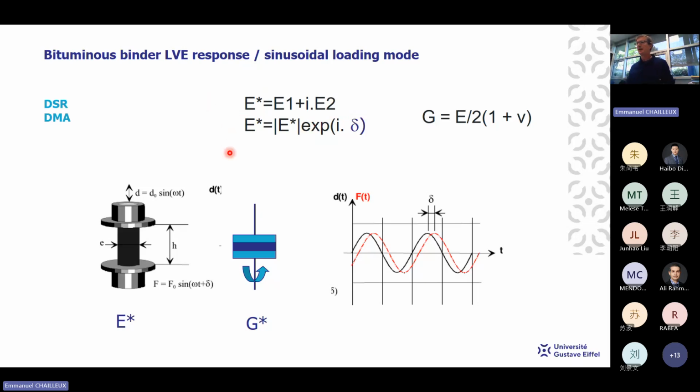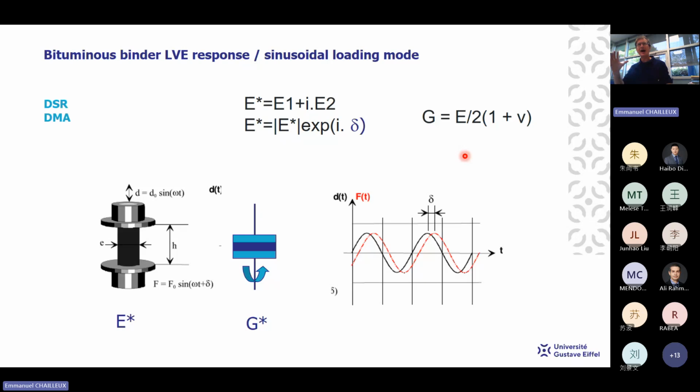We can have two types of expression of this modulus. There is a way to pass from the shear modulus to the tension-compression modulus using the Poisson coefficient. The Poisson coefficient makes the link between the shear mode of loading and the tension-compression mode of loading. This Poisson ratio is also viscoelastic, but what we can say is that above 20 degrees, we can consider that the Poisson ratio is 0.5.